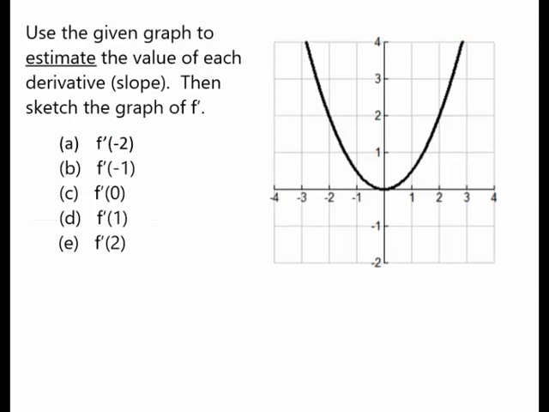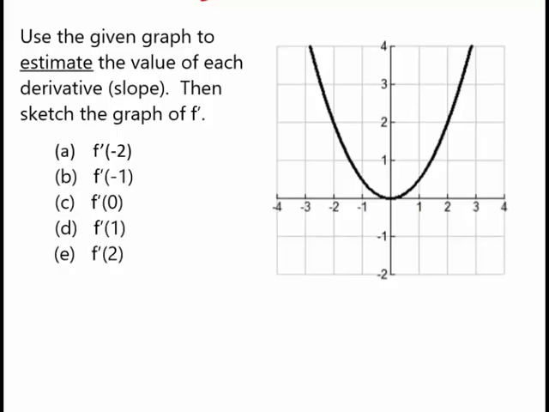Use the given graph to estimate the value of each derivative, the slope of the graph, and then sketch the derivative's graph. So we want to find f prime of negative 2, f prime of negative 1, f prime of 0, f prime of 1, and f prime of positive 2.